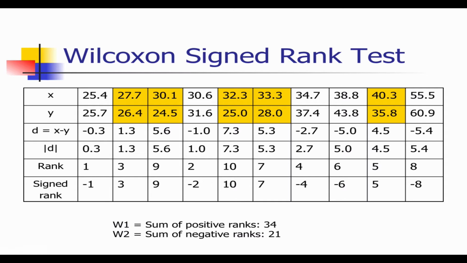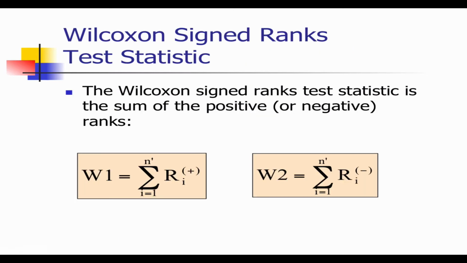Now you know that you need to compare these two W's, to see how balanced they are. And then the next question is, how do you know whether it's balanced or not? In this slide, W1 equals the summation of positive ranks, and W2 equals the summation of negative ranks.